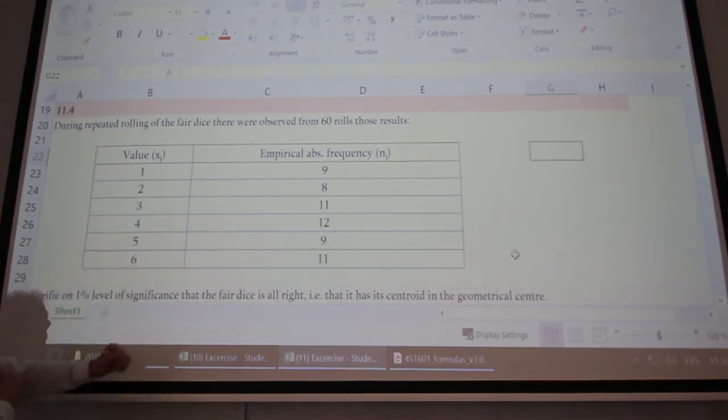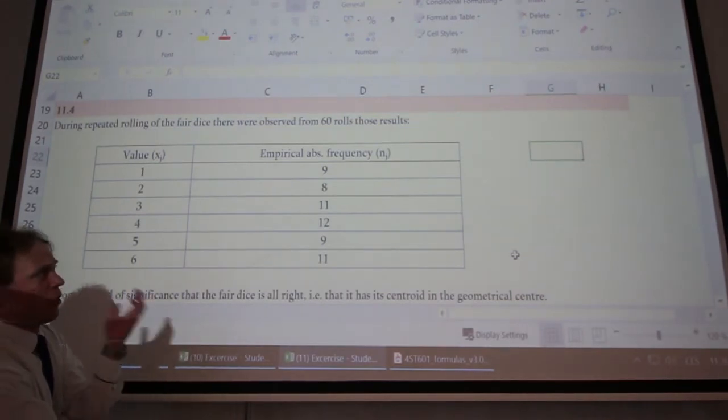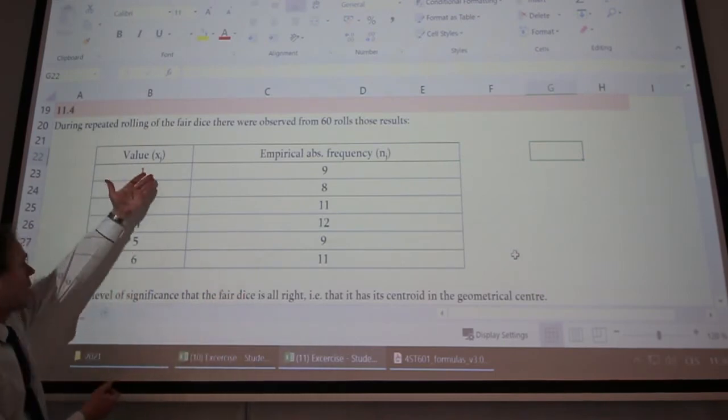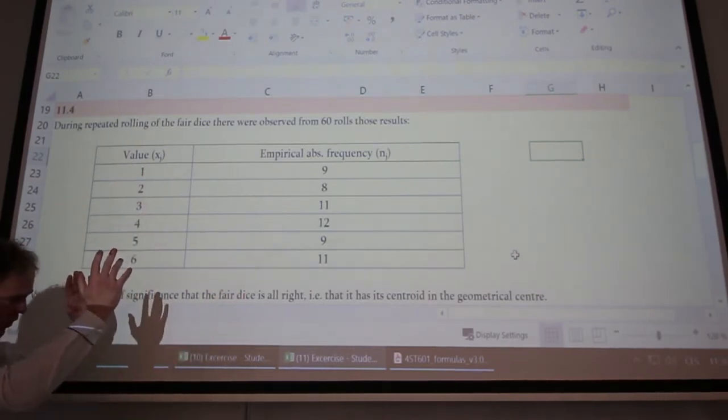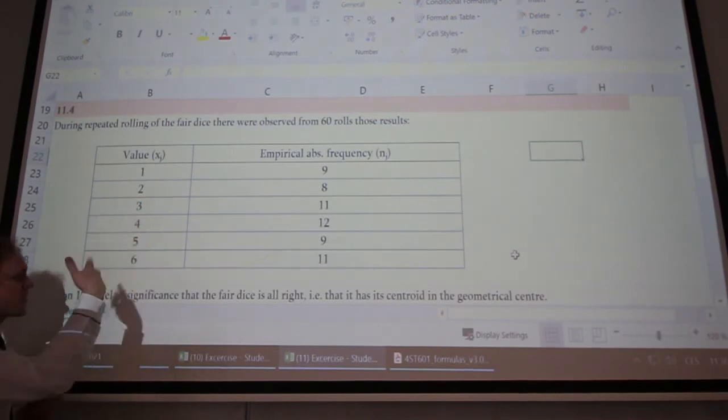During repeated rolling of a fair dice, from 60 rolls these results were observed. We have here the values xj which can be observed on the fair dice: 1, 2, 3, 4, 5, and 6.